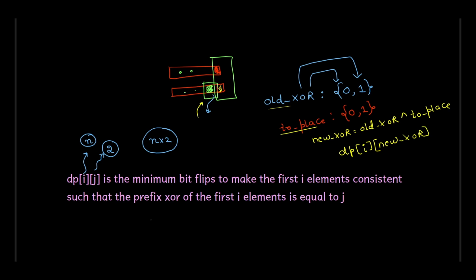Now to get the transition, you have to figure out the cost to achieve this. What is the cost to place this 0 or the cost to place this 1? Now if a 0 already exists at this position, then the cost to place a 0 is 0, but the cost to place a 1 is equal to 1.